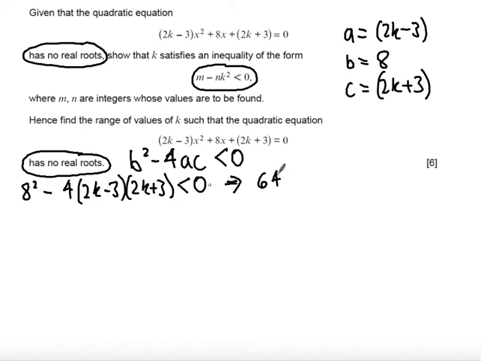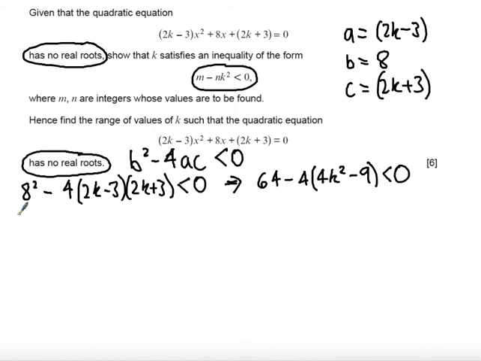I'm going to expand this bracket first. 2k times 2k is 4k². 2k times plus 3 will cancel out minus 3 times 2k, so this is a difference of two squares. So all I need to do is minus 3 times plus 3, which is minus 9. And this is all less than 0.